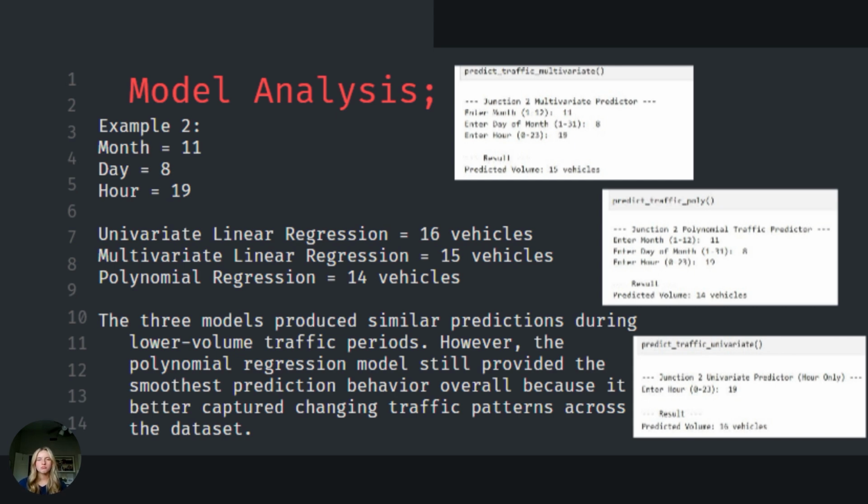Although the predictions were fairly similar during the lower volume traffic periods, the polynomial regression model consistently produced smoother and more realistic predictions overall. This analysis showed that traffic patterns at Junction 2 are not perfectly linear at all, which explains why the polynomial model performed at its best when predicting the traffic conditions.